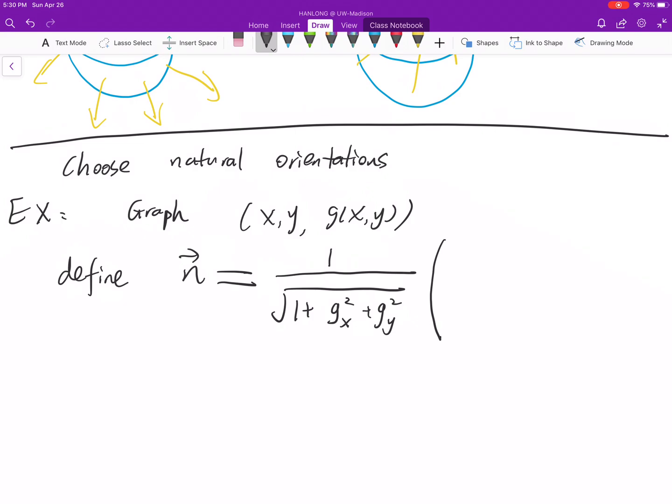And the inside you have negative g_x, negative g_y, and 1.